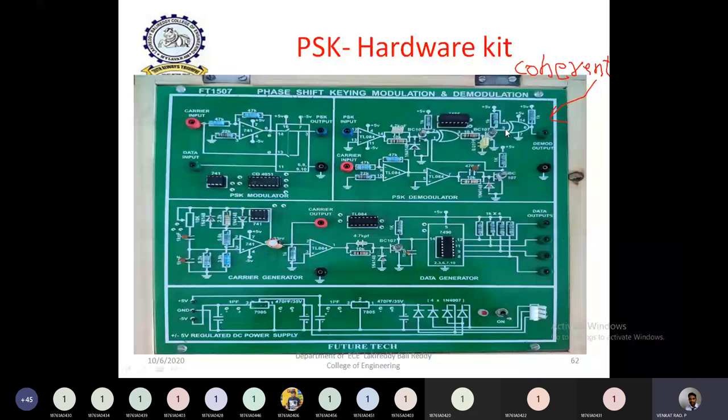This XOR gate will just compare the filtered output with the decision threshold. Based on that comparison, the output may be either 1 or 0. Simply, that theoretical block diagram is implemented practically by using IC circuits and operational amplifier circuits. So that is the demodulation process.